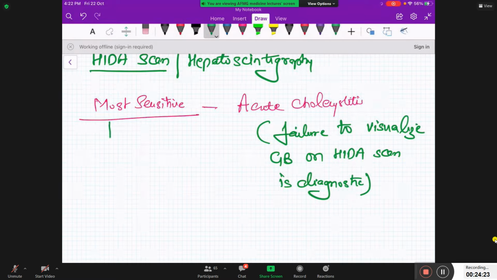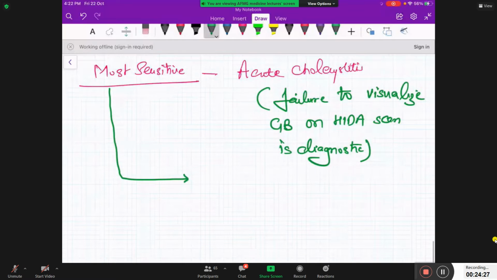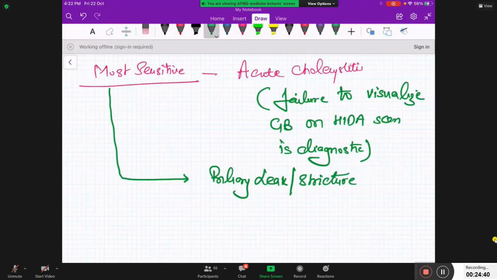It is also the most sensitive investigation for biliary leak or stricture.